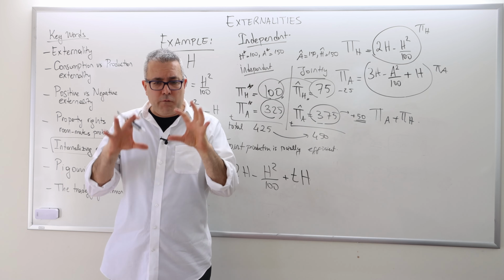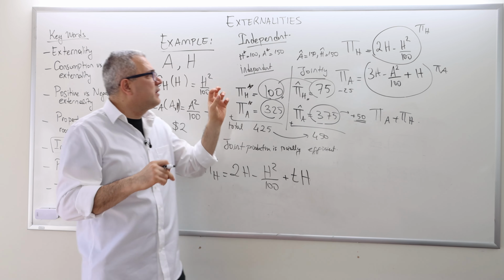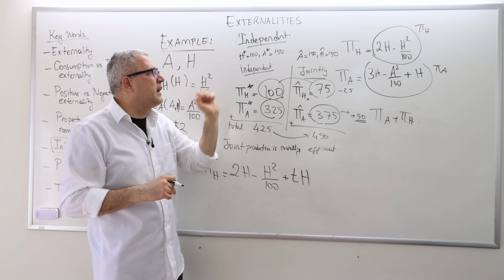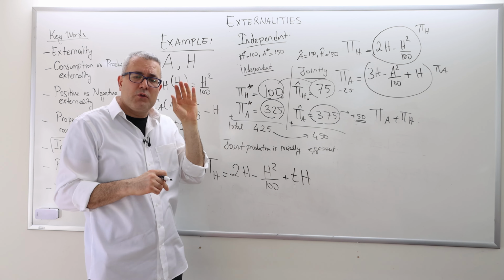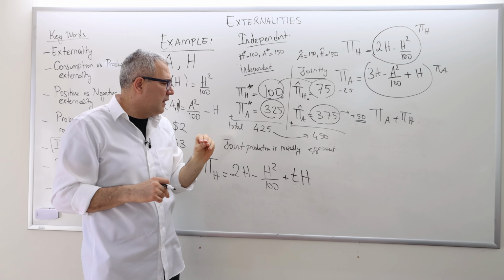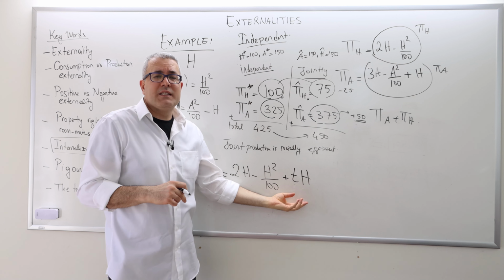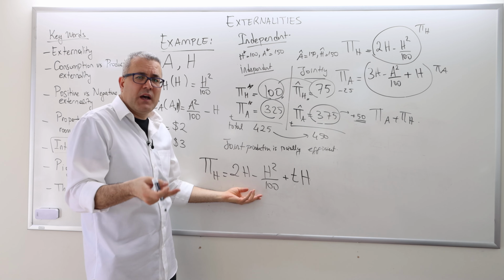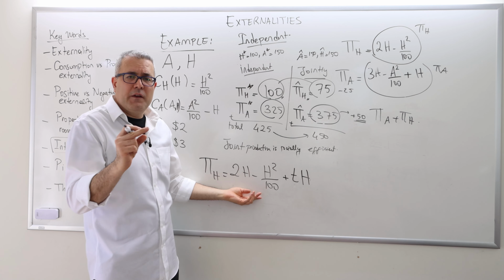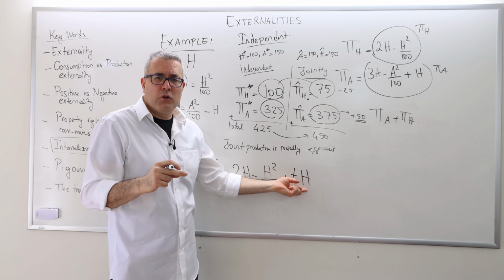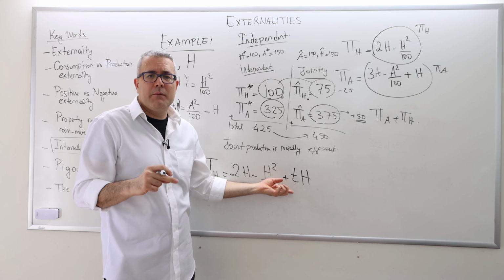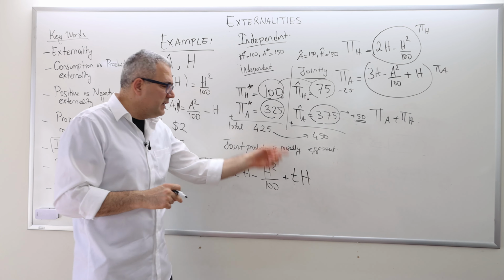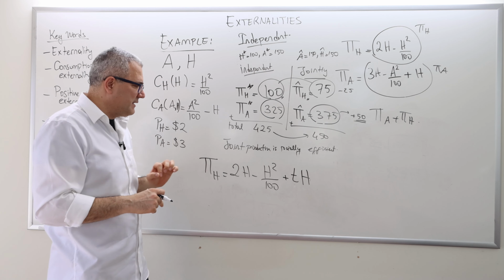I want overall 150 units of honey production and 150 units of apple production. In order to satisfy this production level, I have to subsidize the firm that generates the positive externality. How? Very simple. Per unit of output it produces, I'm going to pay him $T. So T is the Pigouvian subsidy.